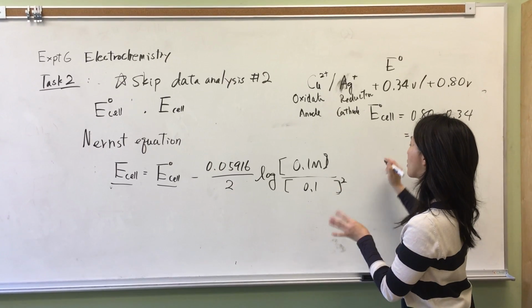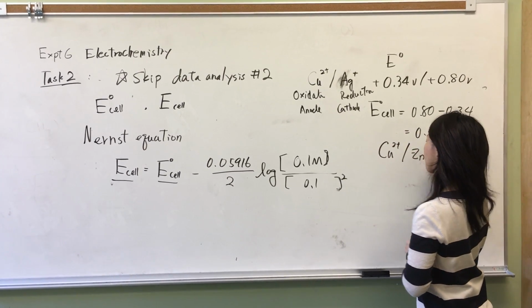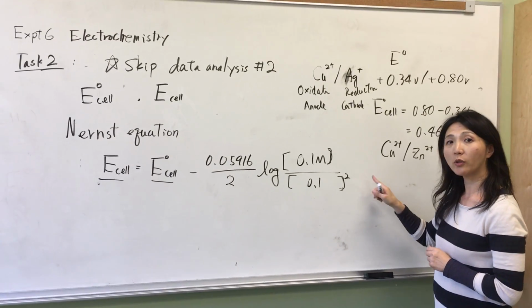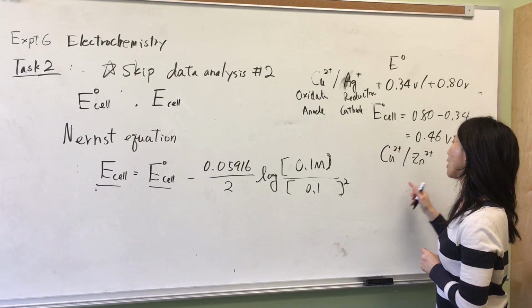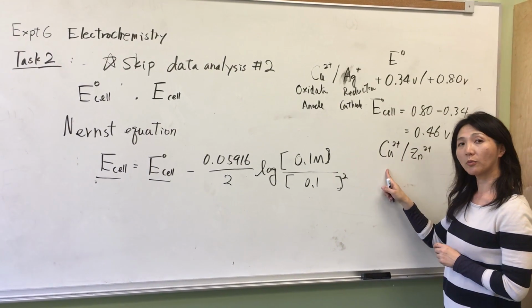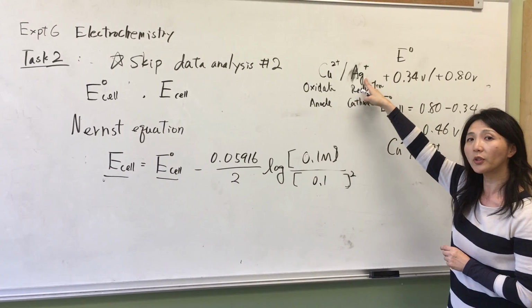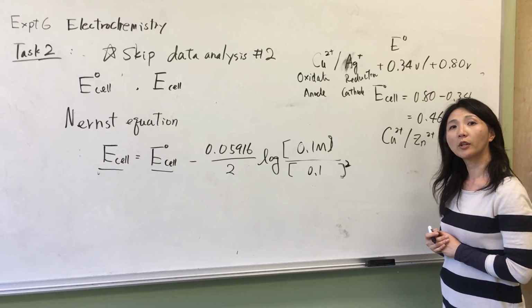For other combinations, for example copper and zinc, you don't have to square, because both of them have the same number of electrons. But for the combination that has silver, you have to put 2.